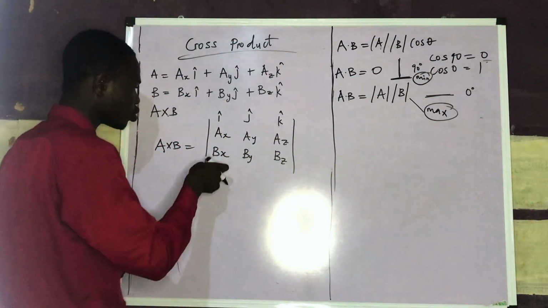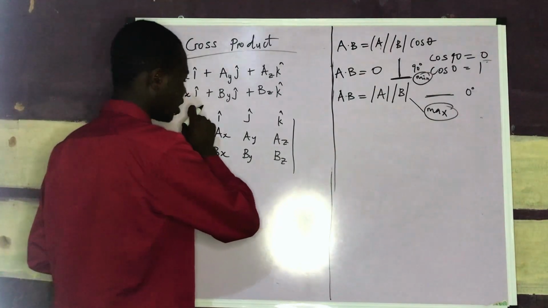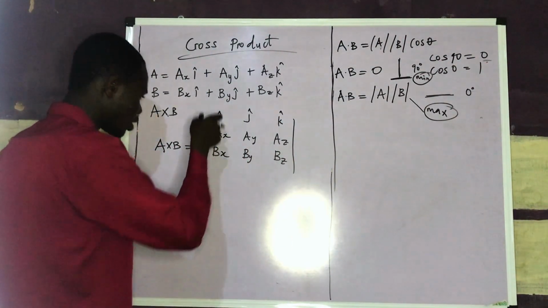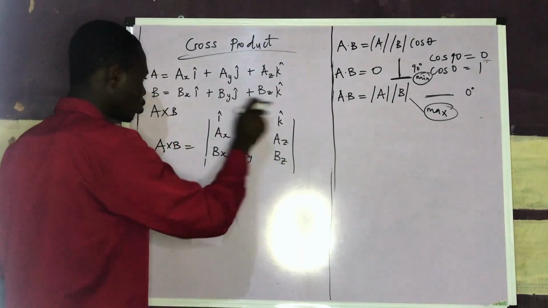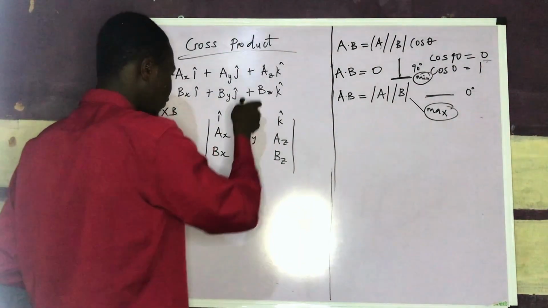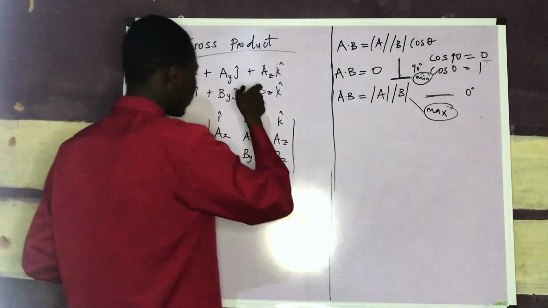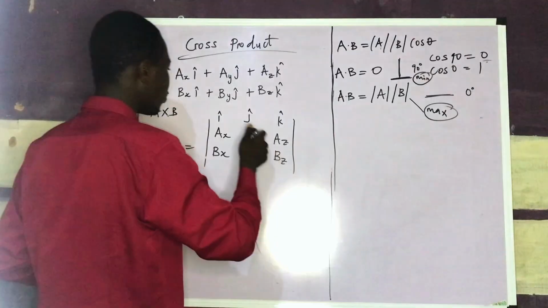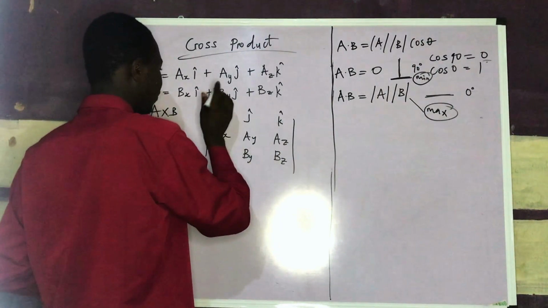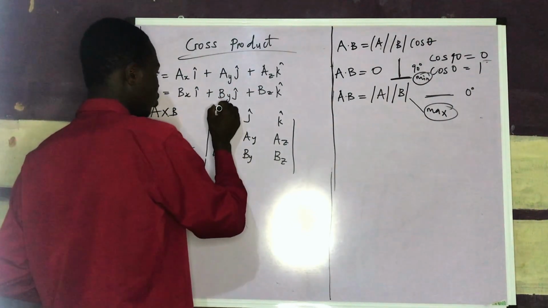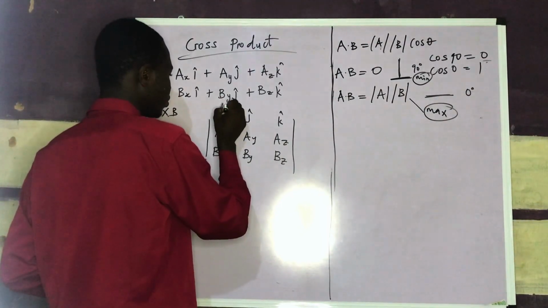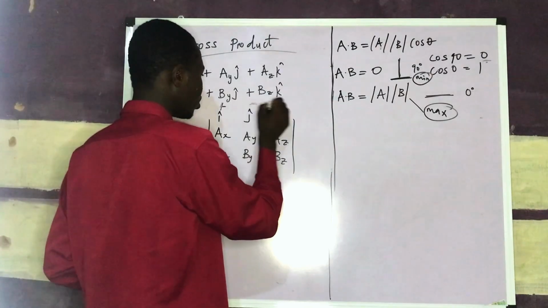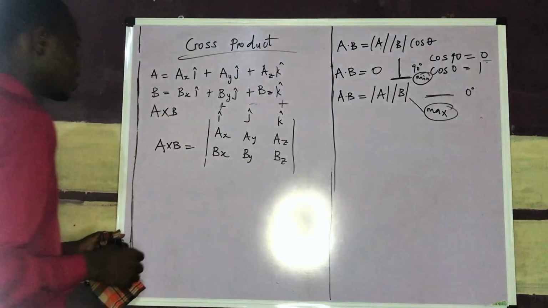This I is located in the first row and first column. J is first row and second column. K is first row and third column. In first row and first column, the sign of the cofactor is positive. For first row and second column, negative. This place is positive too. So that's how you solve it.